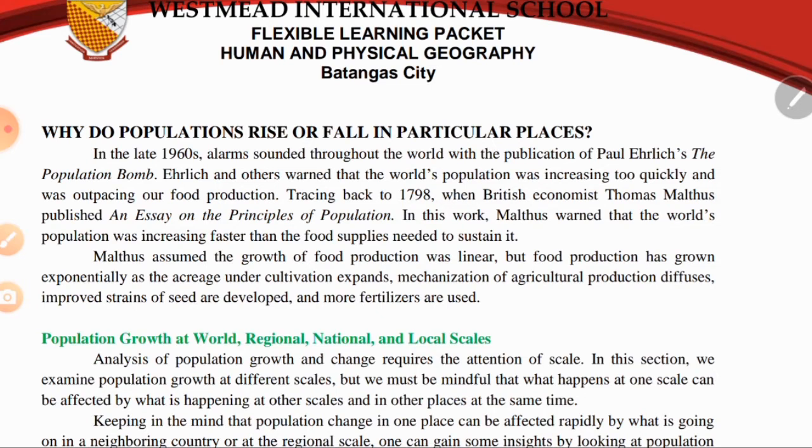And tracing back to 1798, when British economist Thomas Malthus published an essay on the principles of population. And in this work, Malthus warned that the world's population was increasing faster than the food supplies needed to sustain it.